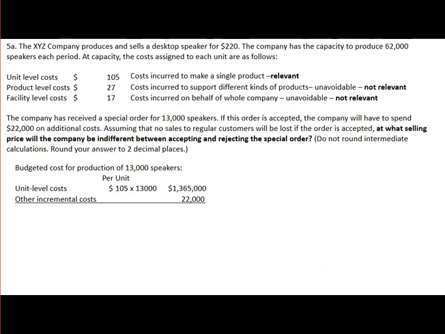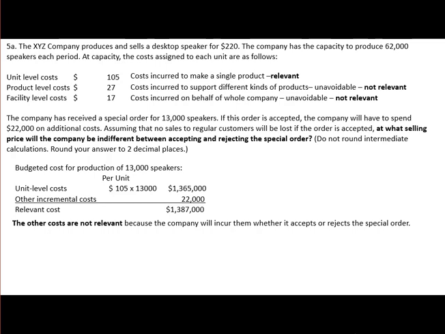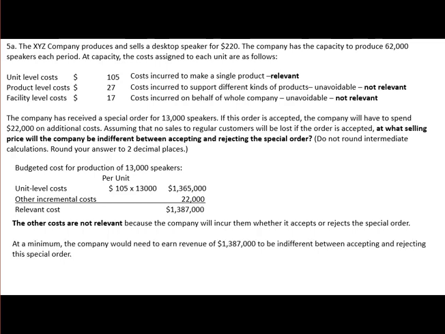So that's a total relevant cost of $1,387,000. The other costs are not relevant because the company will incur them whether we accept the order or reject the order. You compare that to what our selling price would be. So at a minimum, the company would need to earn revenue of $1,385,000.